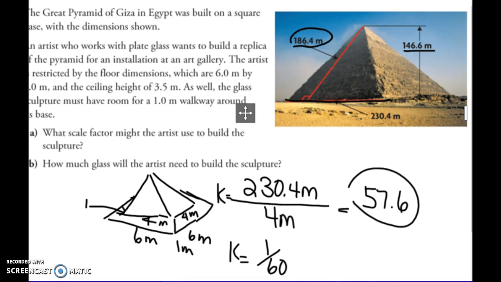Now, just to ensure this scale will work, let's check out the height of the pyramid. The height of the pyramid is 146.6 meters.